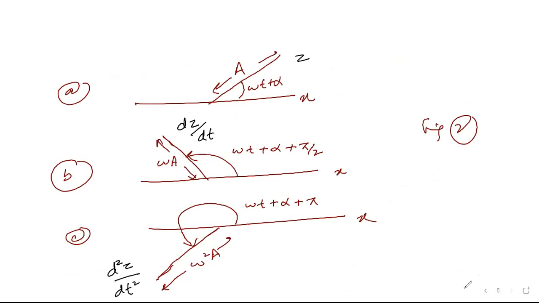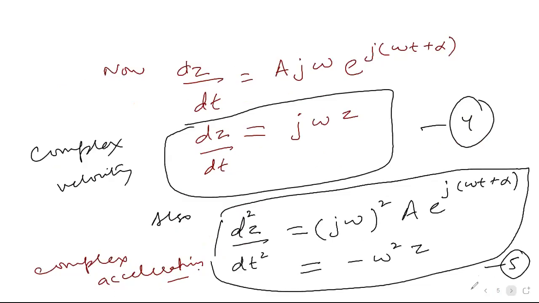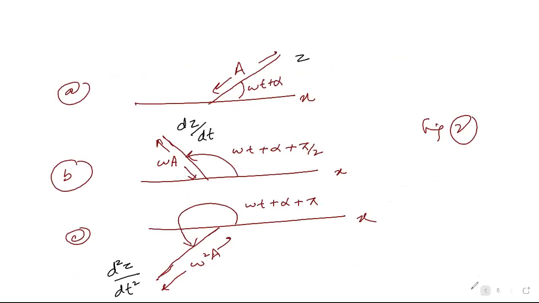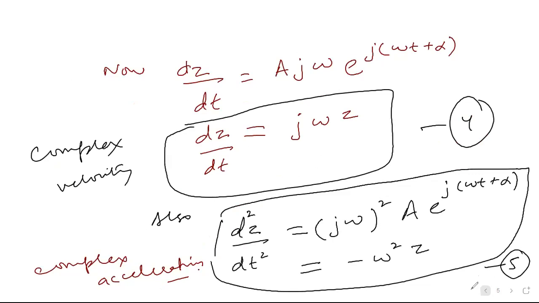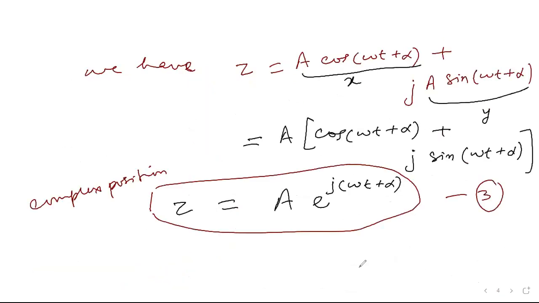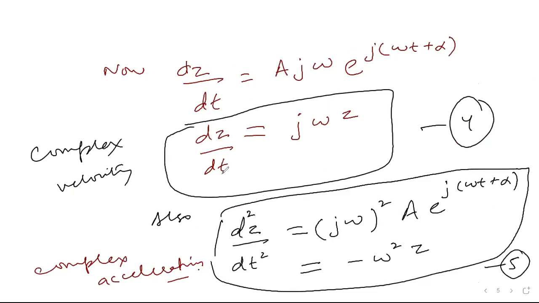Now see how easily we get the derivatives. We have z, so we easily find the derivative dz by dt. We easily find the acceleration.